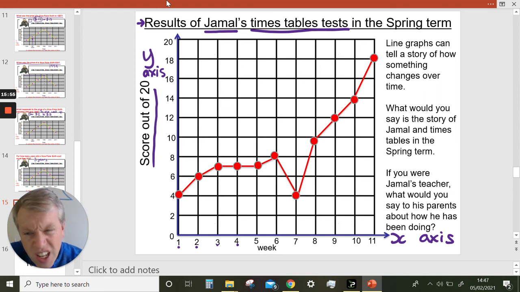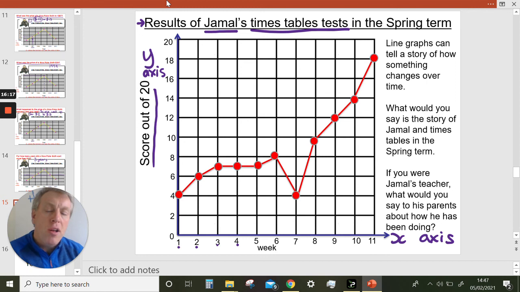Is that a good score? Nope. 6 out of 20, 7 out of 20, and then he kind of plateaued, level 7, 7, 8, 4. But look, something has happened and Jamal's starting to get a lot better.